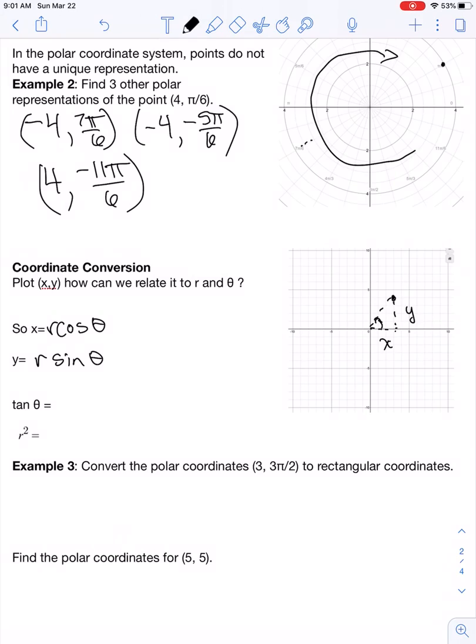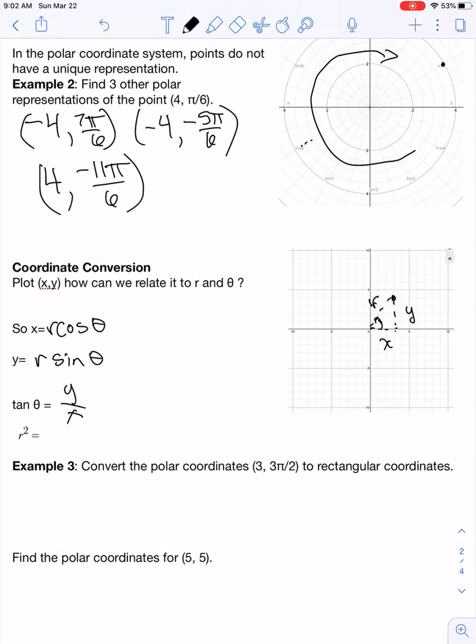And if we look at angle theta, what would be the tangent of theta? I think you can see in the triangle, that would be y over x. And if this is r, what would be r squared?